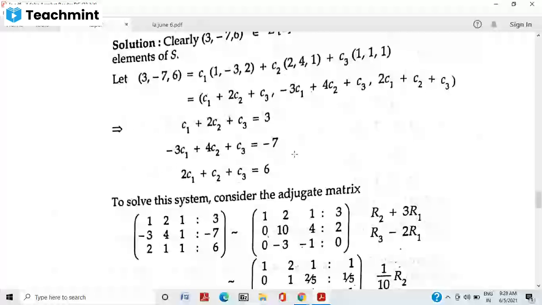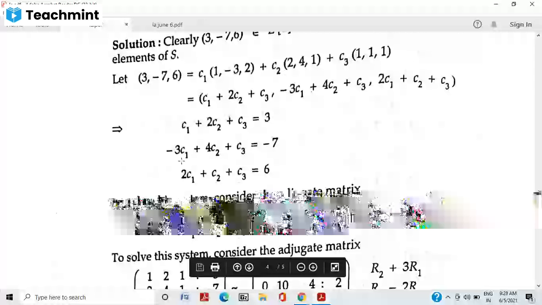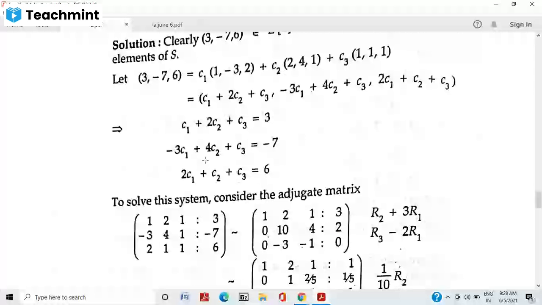Then next 2, 1, 1, 6. Got the matrix? How are we getting it? You should write the coefficients. First row 1, 2, 1, 3. Second row -3, 4, 1, -7. Next 2, 1, 1, and it is 6.